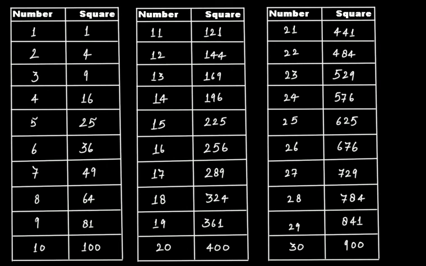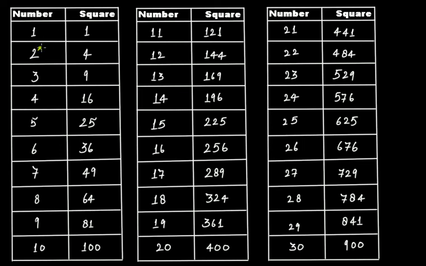We have three tables here, each having two columns. The first column of each of these tables contains numbers, and the second column of each of these tables contains squares of these numbers. Now let's quickly mark the even numbers.